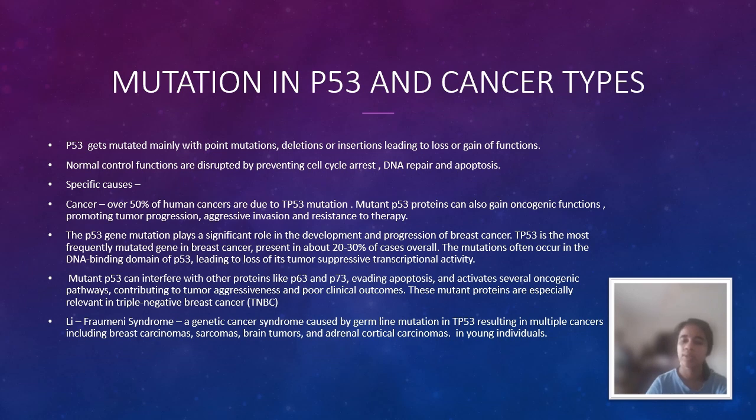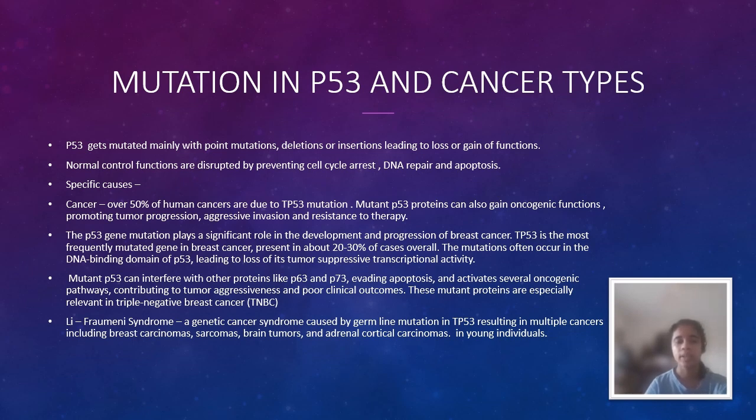It also leads to resistance to therapy, chemotherapy and radiation, which is a major obstacle when it comes to p53 mutation and cancer. Loss or inactivation, deletion, or a gain of function are the major ways that p53 gets mutated.